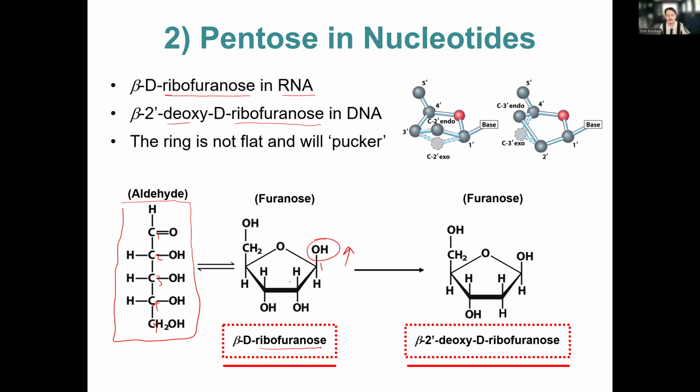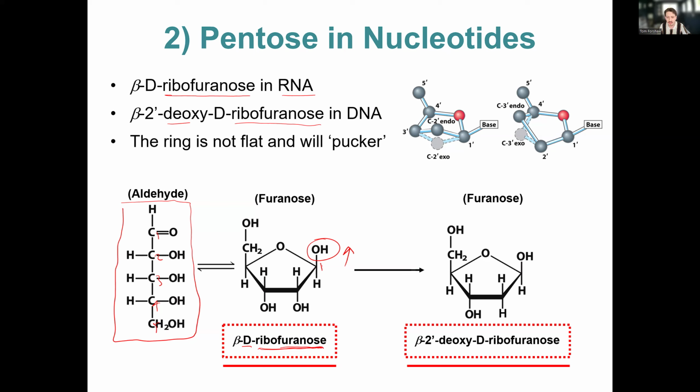So it's beta, and all the sugars in life are the D isomer, and it's the ribofuranose. So it's the ribose. The furanose is indicating that it's in the cyclic form.